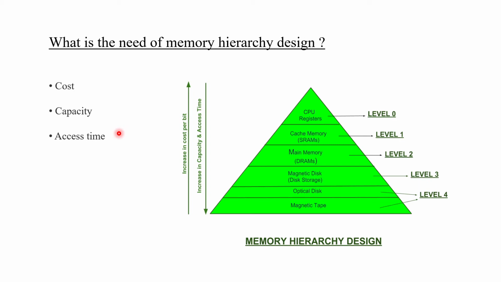For access time, for the top levels, that is CPU registers and cache memory, the access time, that is the response time when the processor accesses this memory, is very fast. But for lower level memory, the access time is slow. So, in order to balance these characteristics, we need to organize the memory effectively. Memory hierarchy is employed to balance these trade-offs.